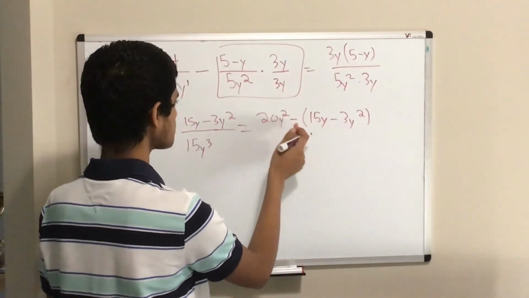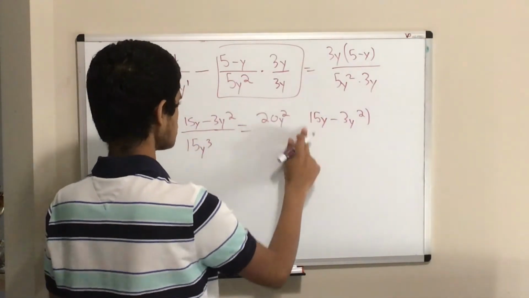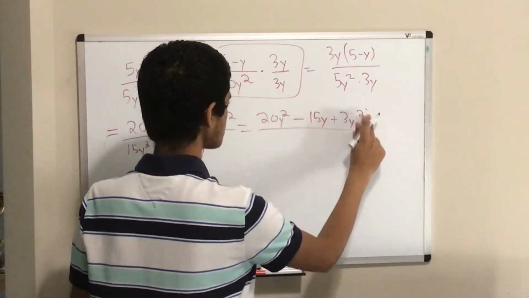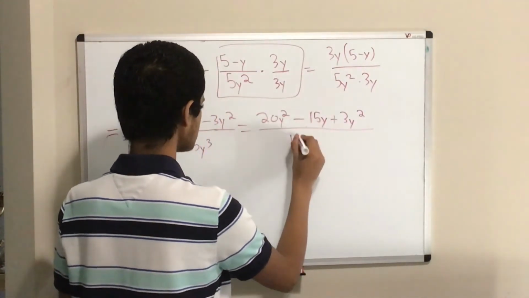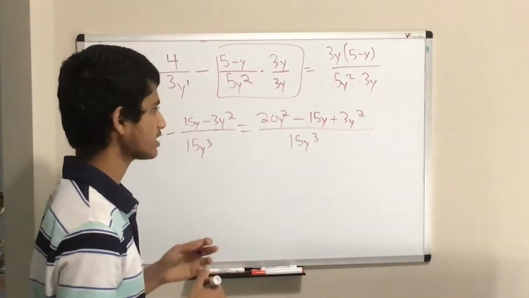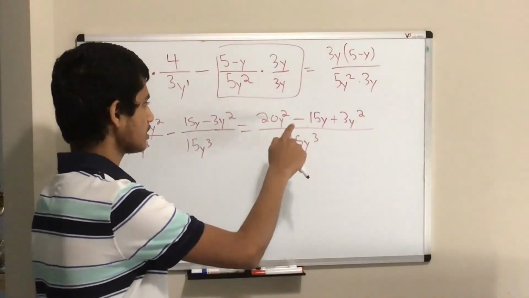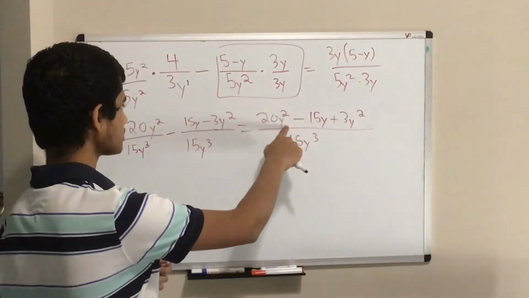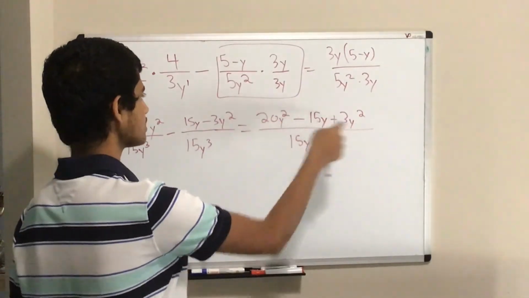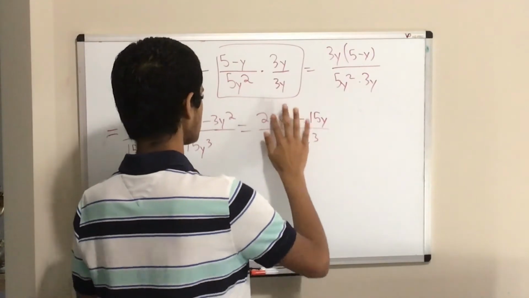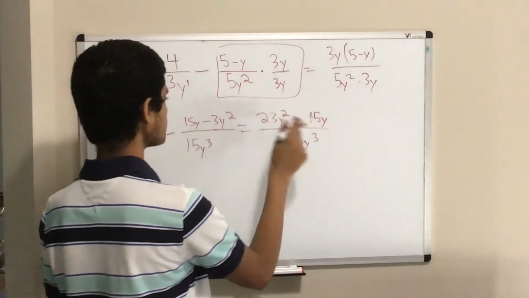And since we distribute the negative over the parentheses, this is just going to be equal to minus 15y plus 3y squared, and we can get rid of the parentheses over here, divided by 15y cubed. And now it's time to combine the numerator based on like terms. So immediately we see that the y squared here and the y squared here are like terms. So what's 20y squared plus 3y squared? Well, that's just going to be equal to 23y squared. So that's what we write.